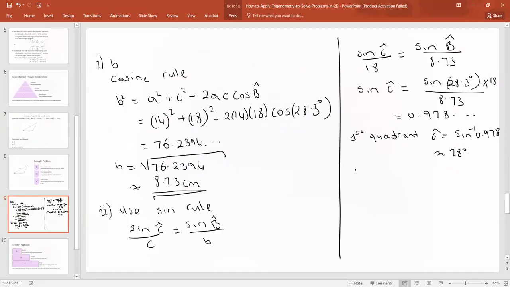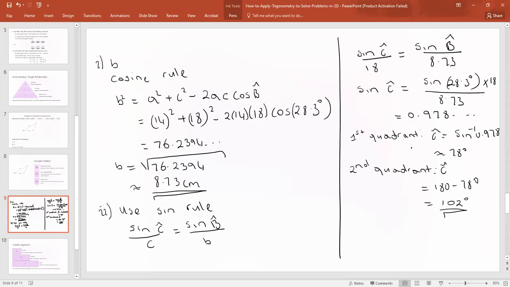But remember, since this value is positive, sine is also positive in the second quadrant. So we need to find the other solution to this trigonometric equation in the second quadrant, which gives us 180 minus 78 degrees, and the answer is approximately 102 degrees.